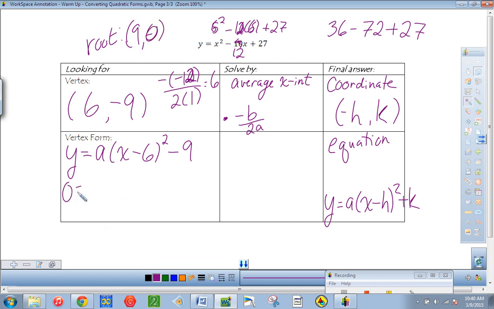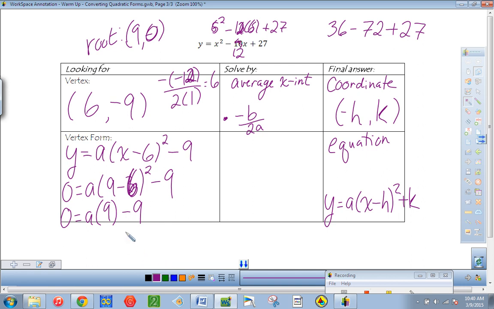So how do you figure out what A is? Plug in one of my coordinates. What's one of your roots? 9. Alright. So 0 equals A times 9 minus 6 squared, minus 9. 9 minus 6 is 3. 3 squared is 9. So how do you solve this?